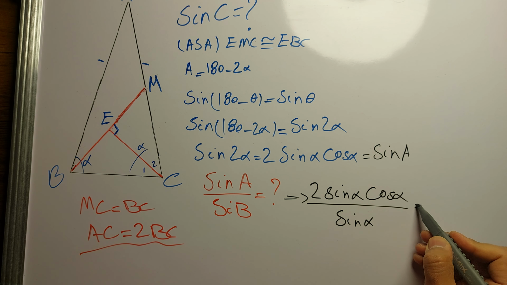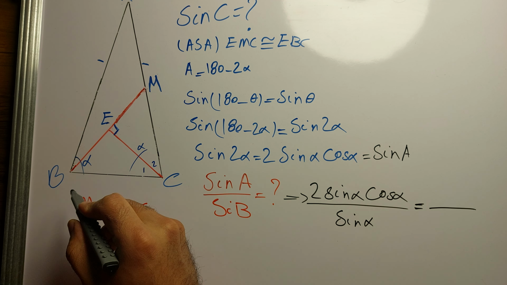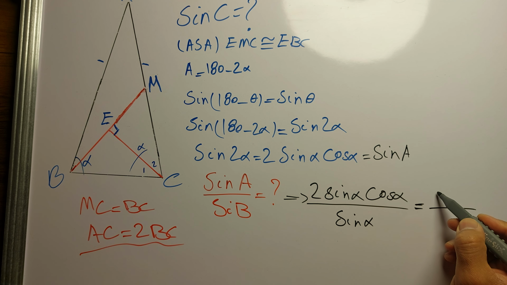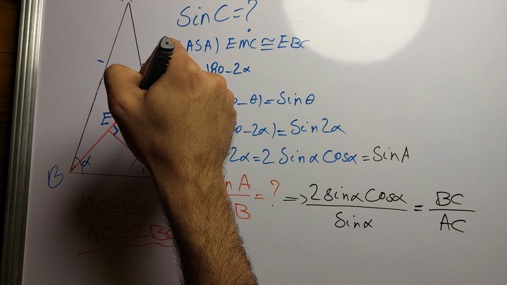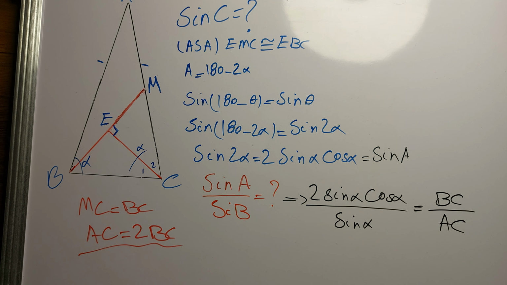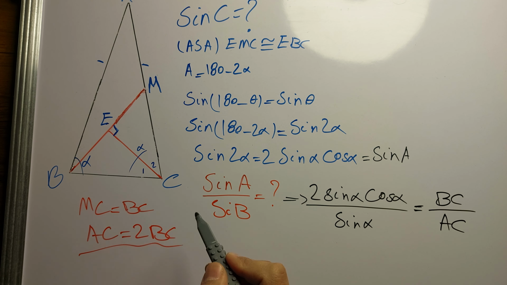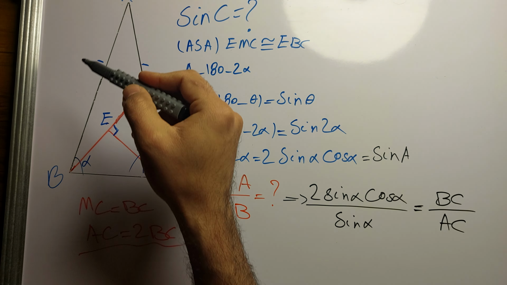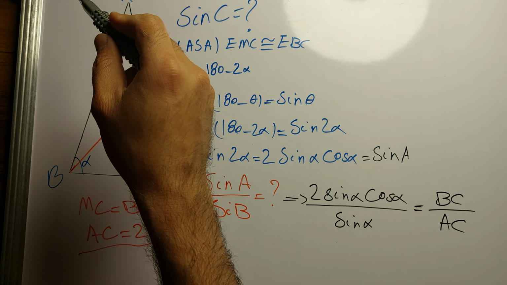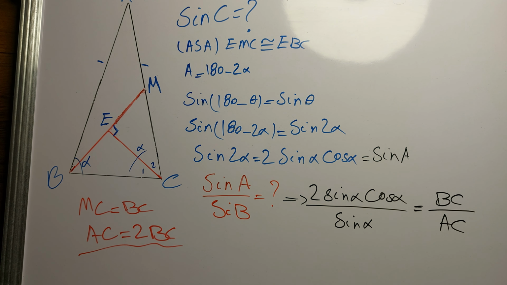And based on the law of sines, it equals BC over AC. BC is the base here. AC or AB are the same thing here. So sine A over sine B equals BC over AC based on the law of sines.